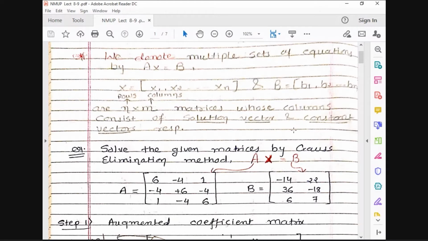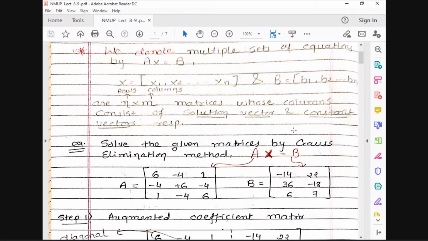In our previous example, only one column was there, like 14, 36, and 6. But in this current example, two columns are available. So if multiple columns are available over here, then the first column is the solution vector and the second column is called the constant vector, right?